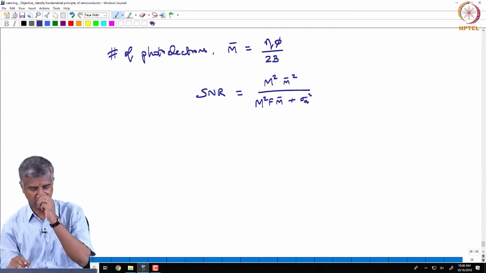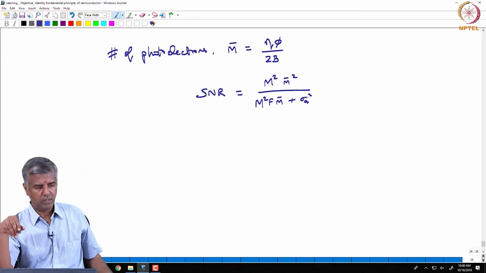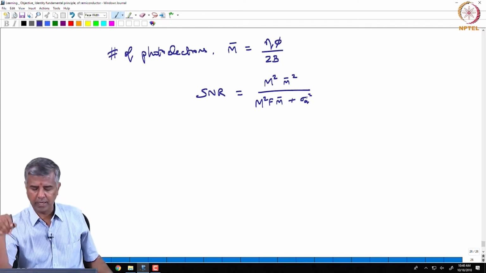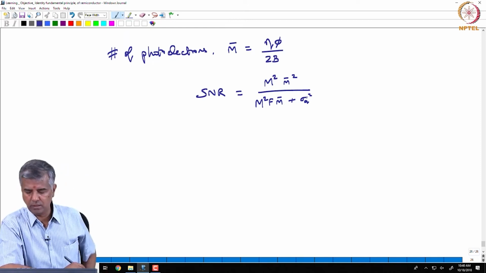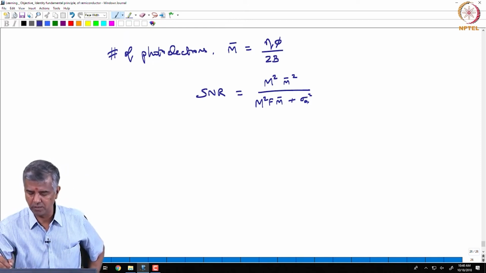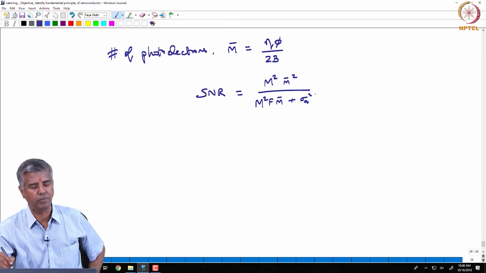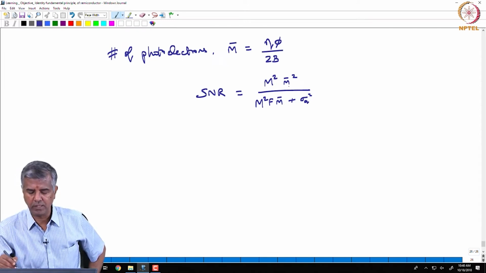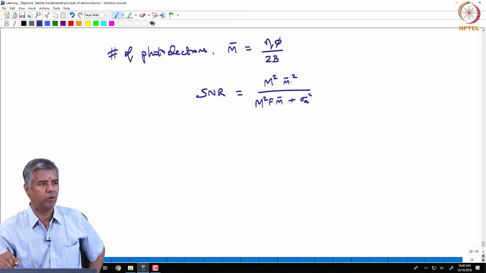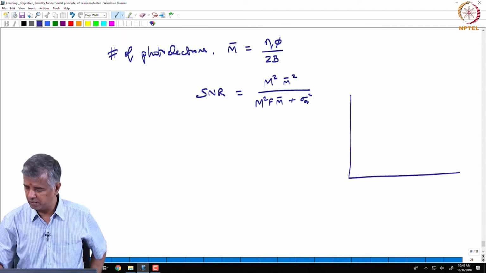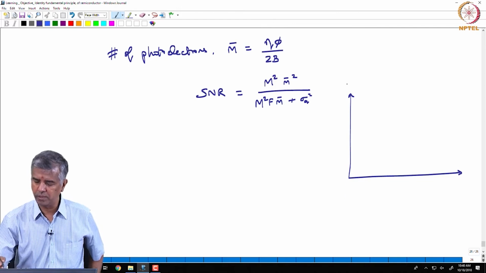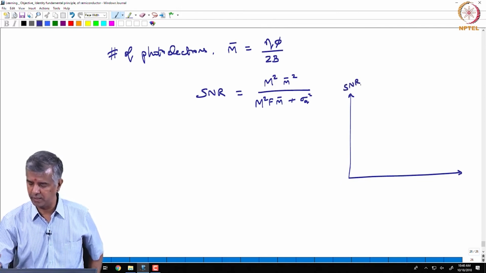Sigma Q square is nothing but sigma T square divided by 2B, right. There is going to be some normalization factor, but sigma Q square is a representation of the thermal noise. What we have done here is represented the entire thing in terms of number of photoelectrons. So, that can give us more insight into this entire scenario.